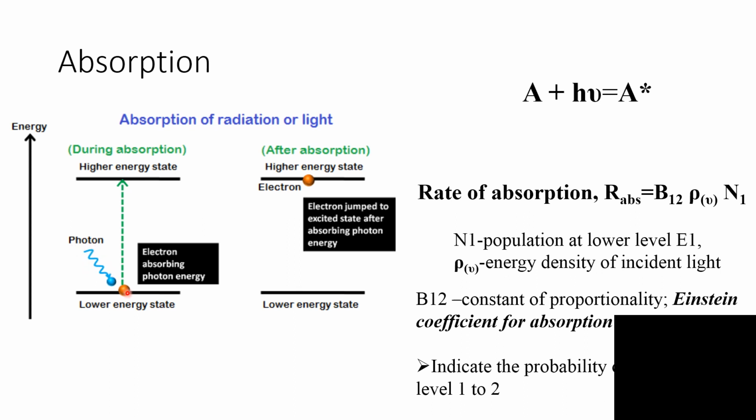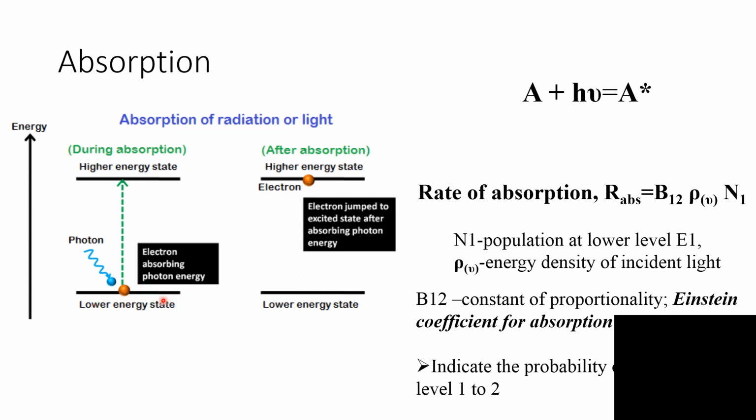Without these two things, absorption will never happen. Okay, what is this B12? This B12 is the constant of proportionality, and we can call it the Einstein coefficient for absorption. It also tells us about the probability of transition from energy level 1 to 2.